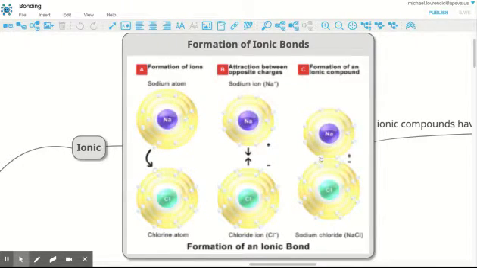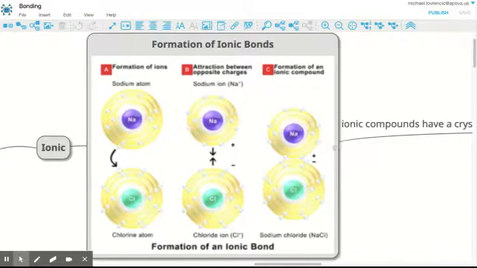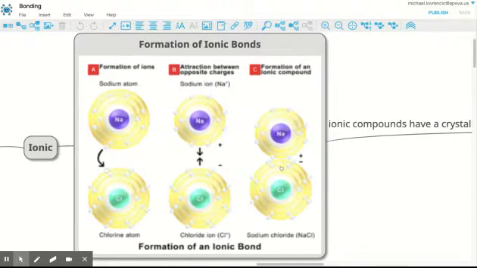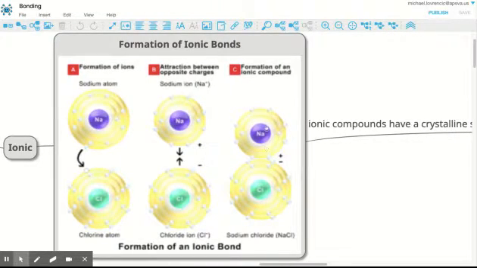So that ionic bond is really an electrostatic attraction. And because you have charged particles, those ions don't just attract one, they clump together. There is a pattern, because they will clump together in a ratio so that the charge is balanced. Because you have a plus one and a minus one, you need one plus and one minus to balance out.